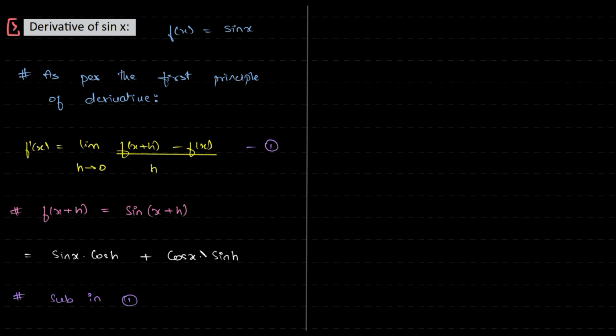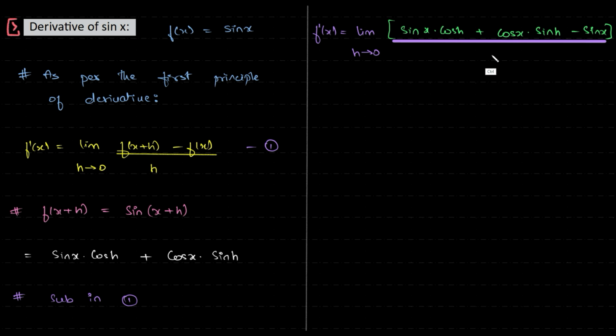So substituting in 1, what we have here is f dash of x is equal to limit, and then we have sin of x into cos of h plus cos of x into sin of h, and we have minus sin of x, that is the last term, and this entire thing divided by h. Agree?